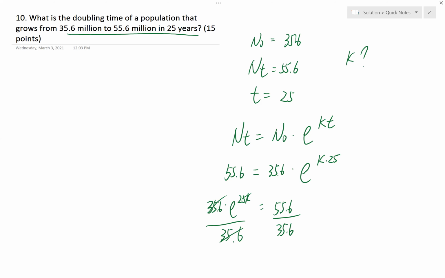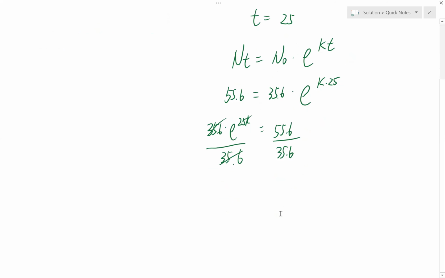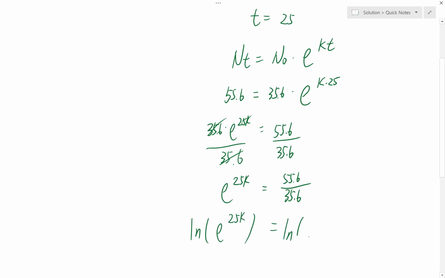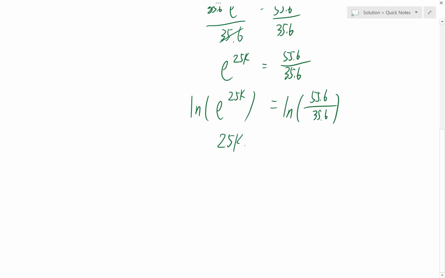The e raised to 25k is equal to the quotient on the right, 55.6 over 35.6. Again, I leave it as is. Now from there, we take ln from both sides of the equation and simplify further: 25k is equal to ln of 55.6 over 35.6.